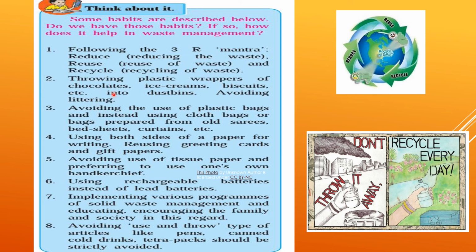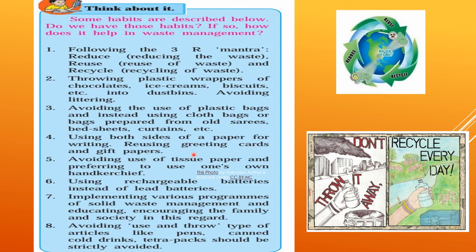Then throwing plastic wrappers of chocolates, ice creams, biscuits, etc. into the dustbin. These habits can be avoided by us. Then avoid the use of plastic bags and instead use cloth bags or bags prepared from old saris, bed sheets, curtains, etc. Then using both sides of a paper for writing.